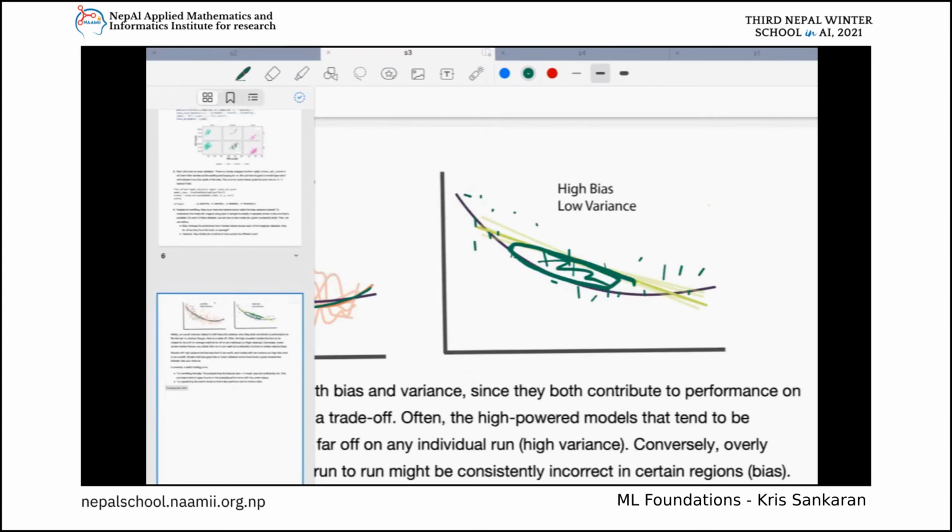There's this visible gap between where the average of the models is and where the truth is. But from one run to the next, they're all very similar, so they're very low variance, even though there's high bias. And these tend to be the two different components of error. Model complexity trades off between bias and variance, and usually you want to try to find an optimal bias and variance.